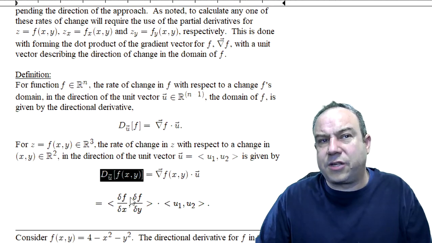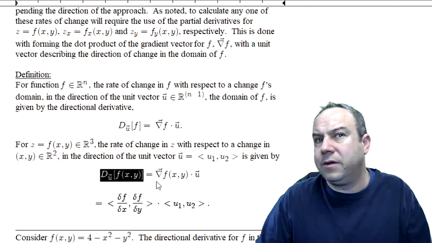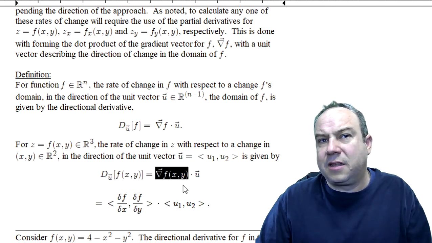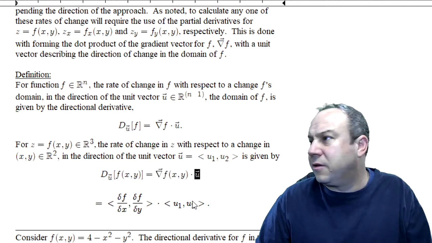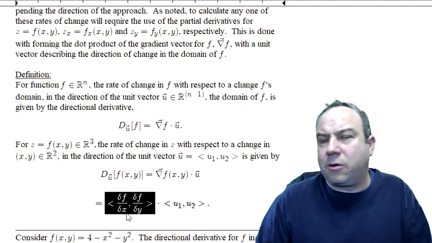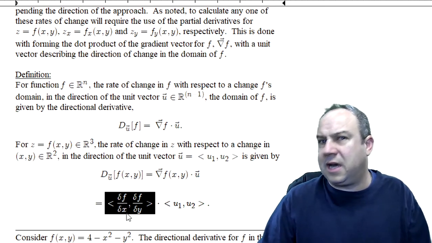It will be the directional derivative for function f in the direction of u, denoted here, which will be equal to this dot product. It will be the dot product of the gradient of f of x comma y with that unit vector u. And in three-dimensional space, the gradient will be this two-dimensional vector made up of the partials of f with respect to x and y.